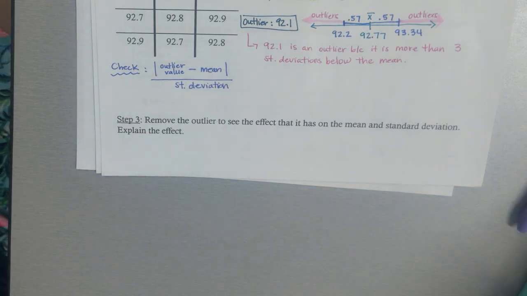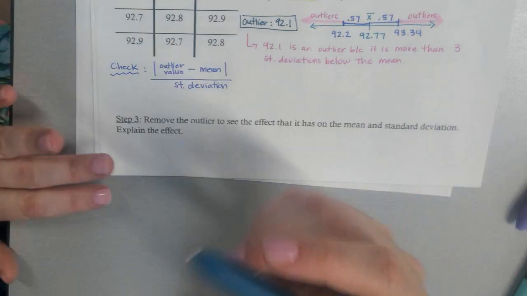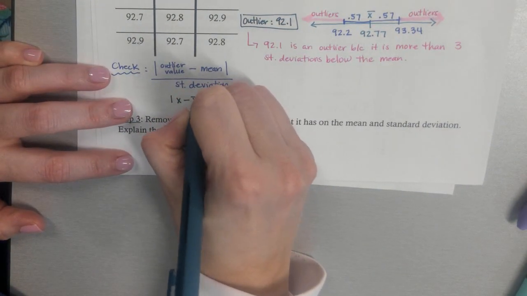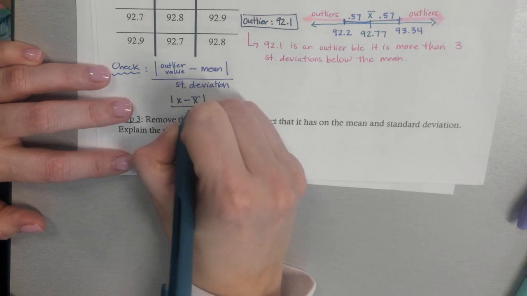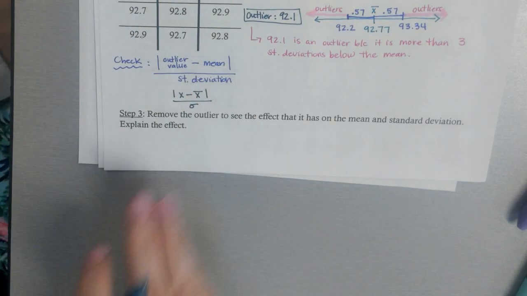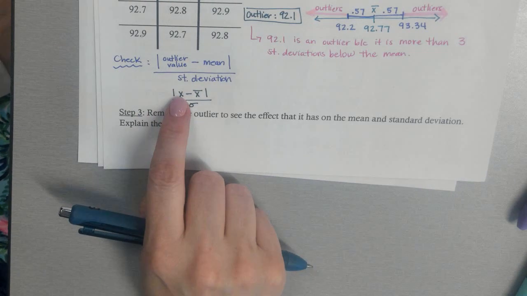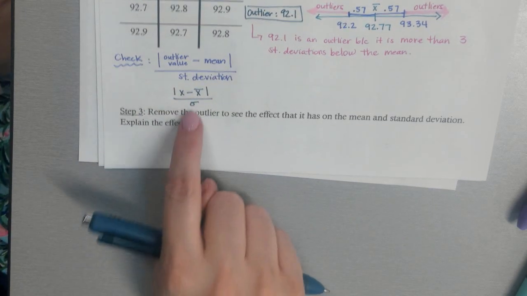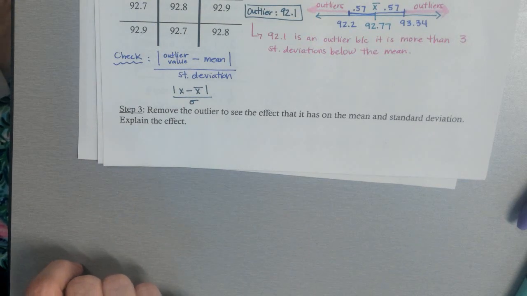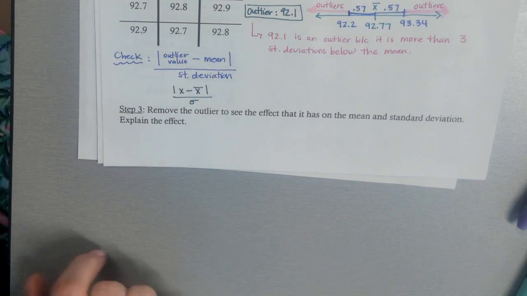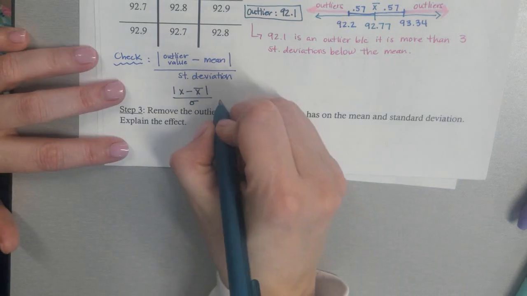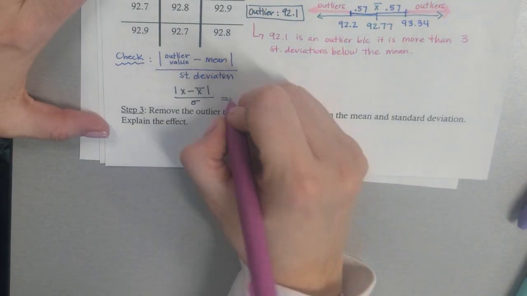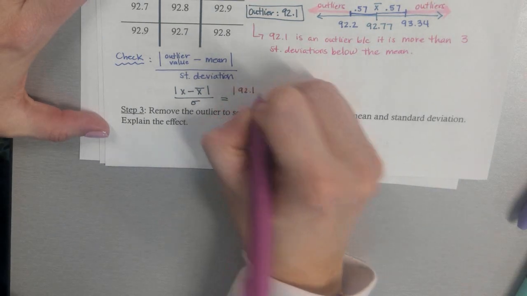Okay, so when you are in a statistics course, they would write it like this: x minus the mean divided by the standard deviation. Okay, so the x is just your value, whatever value you're using. This is our symbol for the mean. That's our symbol for the standard deviation. All right, so let's check it. So in the numerator, our outlier value is the 92.1.